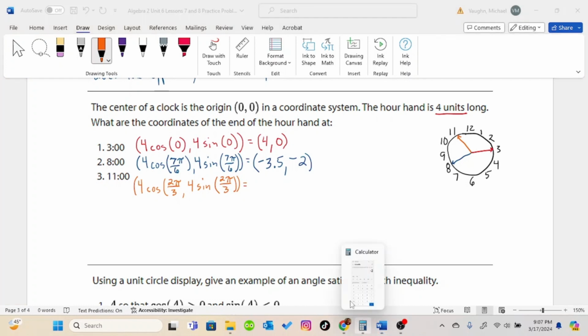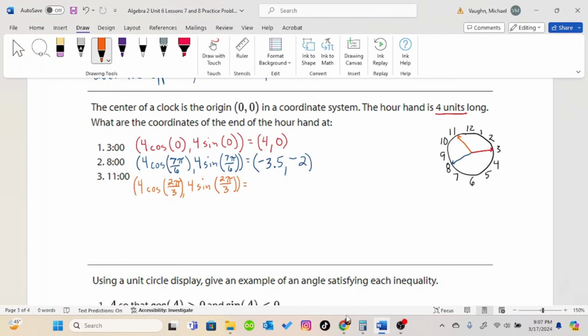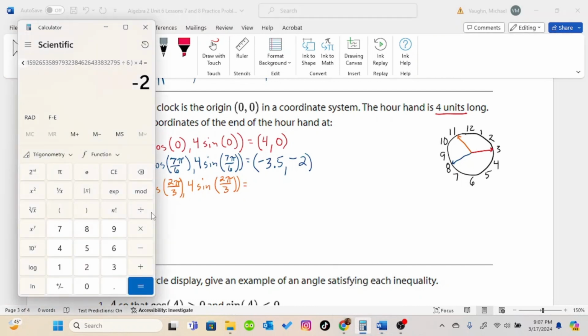Now we can use the calculator. Parentheses, 2 times pi divided by 3, close parentheses. We want the cosine. And now we're going to multiply by 4.